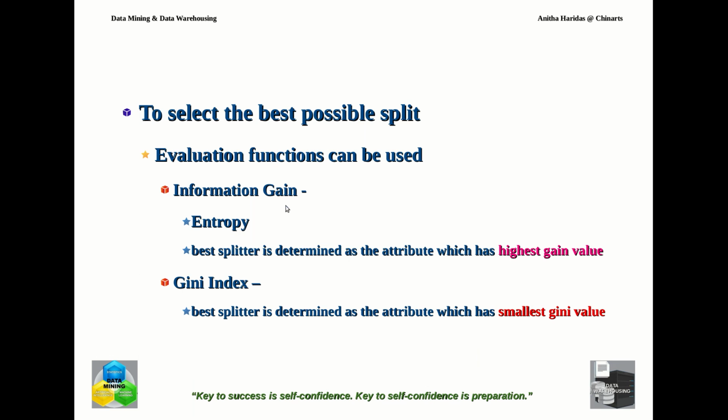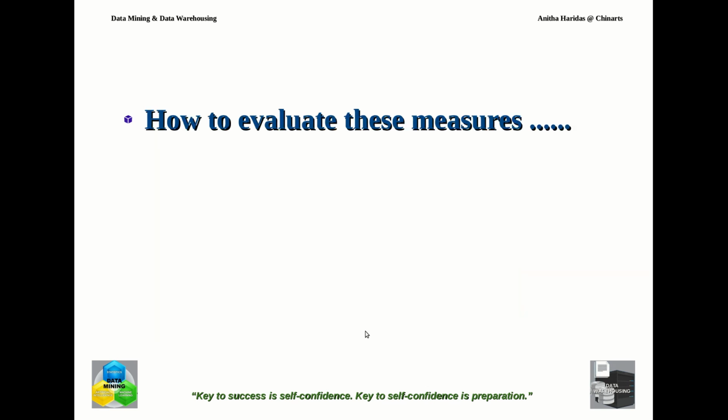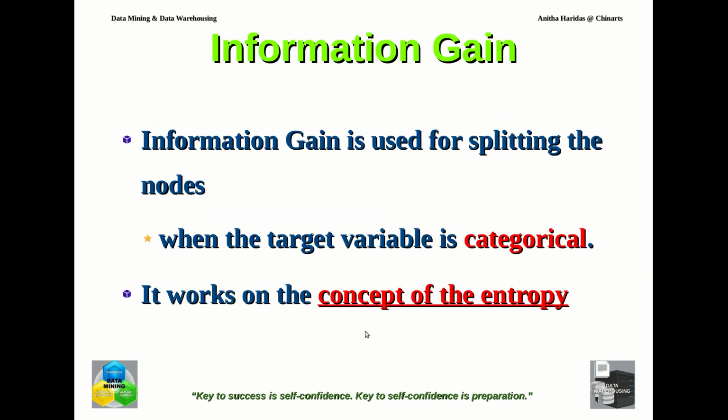One is information gain, the other one is Gini index. Whichever attribute is giving you the highest information gain can be called the best splitting attribute, and the information gain is based on the concept of entropy.